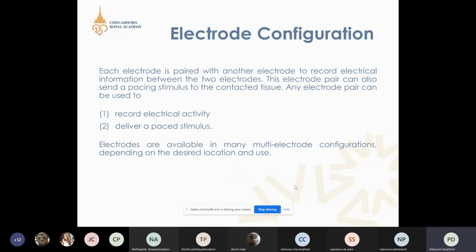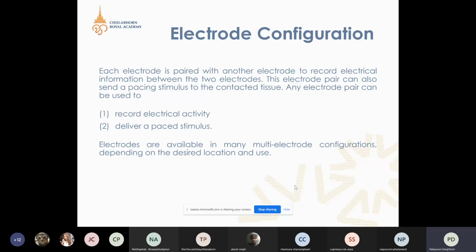Each electrode is paired with another electrode to record electrical information between the two electrodes, and can also send a pacing stimulus to the contacted tissue. This is the main function of any electrode pair used in the case.